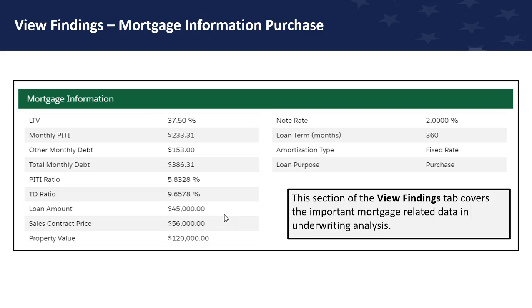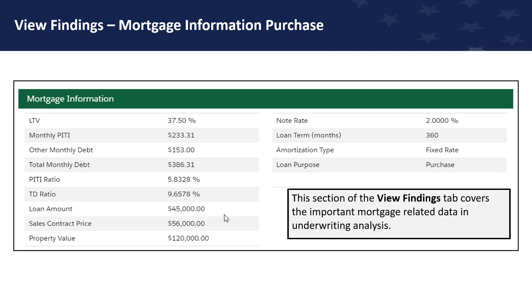The total of all monthly debts, excluding PITI, is listed under Other Monthly Debt. The PITI and other monthly debts are combined to calculate the total monthly debt. These figures can quickly assist lenders and underwriters to confirm calculations to ensure data is true, accurate, and complete.